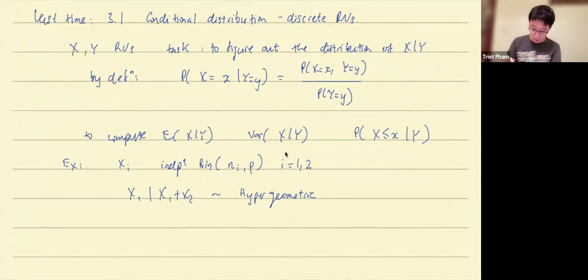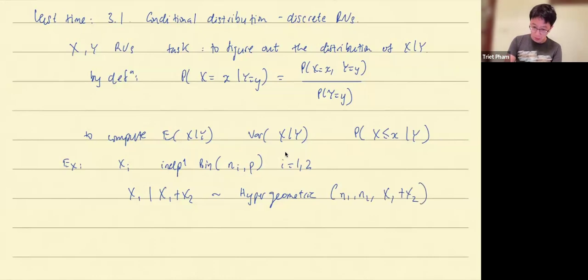Well, if you fix the sum of the binomials, then it's like you are selecting out of n1 plus n2. So you have n1, n2, and x1 plus x2.